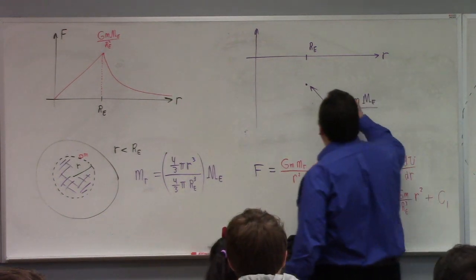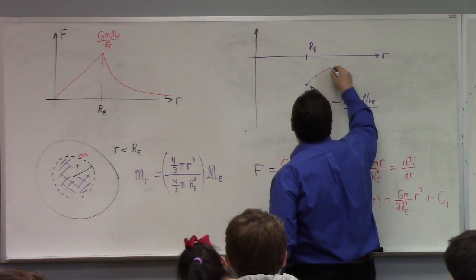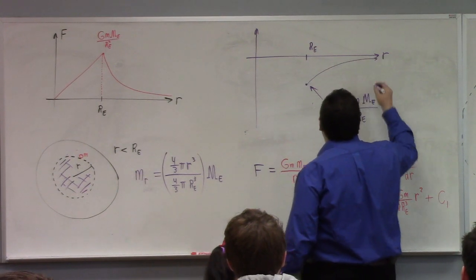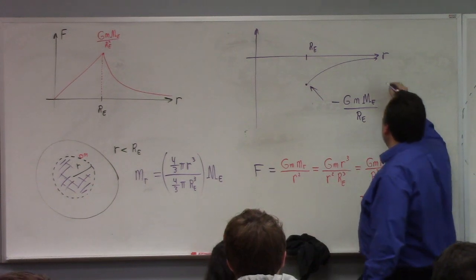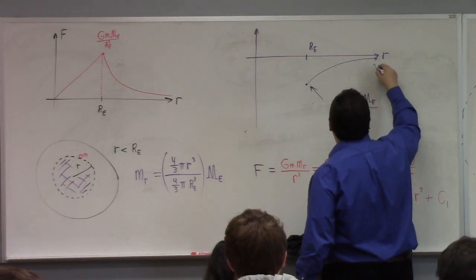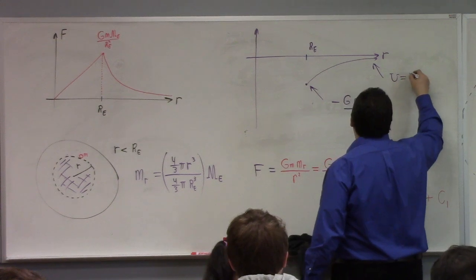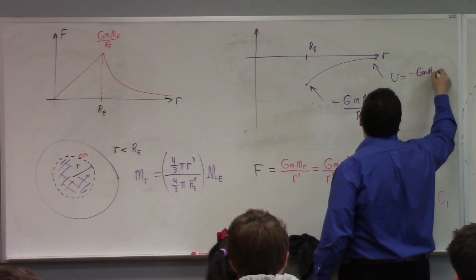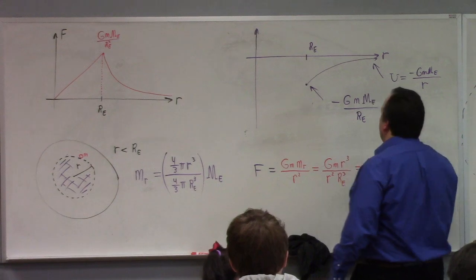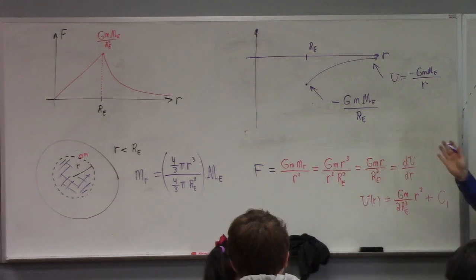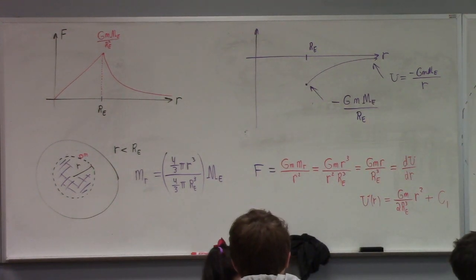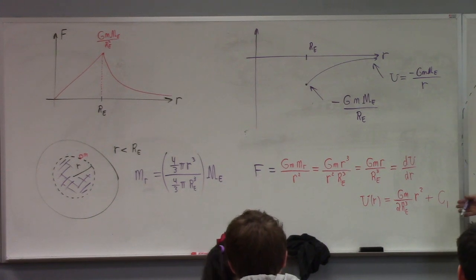And then it goes to 0 like so. So that purple that I just drew is where U is equal to minus G M m of the Earth divided by r. But inside the radius of the Earth, something else happens, right? So it's a quadratic. Unless I made a mistake, I think it's a positive quadratic, right?